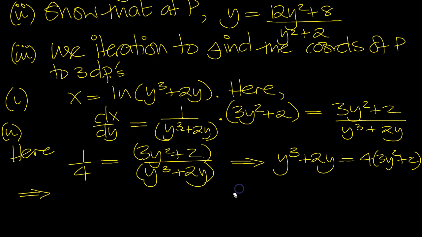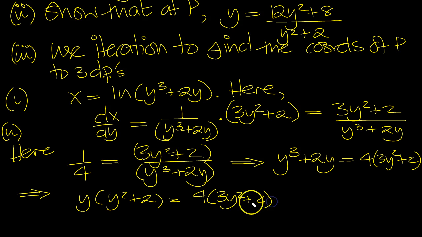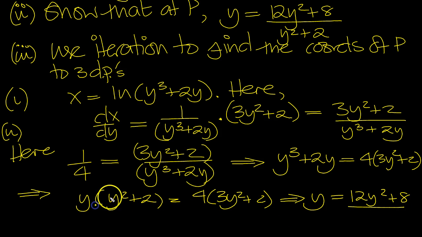If we look at what we want, take a y out as common on this line, and we're left with y squared plus 2 here is equal to the 3y squared plus 2. And that tells us then the y will equal 12y squared plus 8 over, and then this times can move from times to divide, y squared plus 2, which is what we wanted to show here.